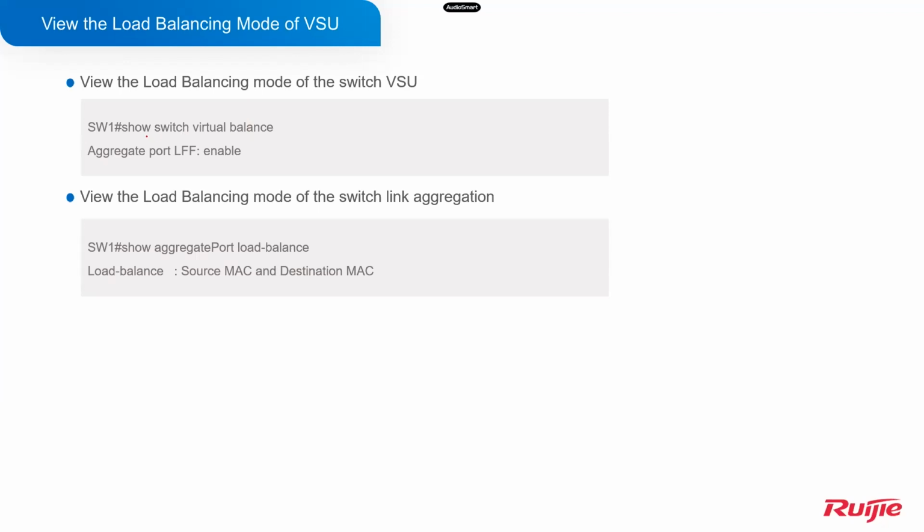The first is you can check the virtual balance. You have already enabled the aggregate port LFF, right? Local forward first. And another one, you can check your aggregate port load balance policy. Our policy is based on the source MAC address and the destination MAC address. Then we can forward the message out.